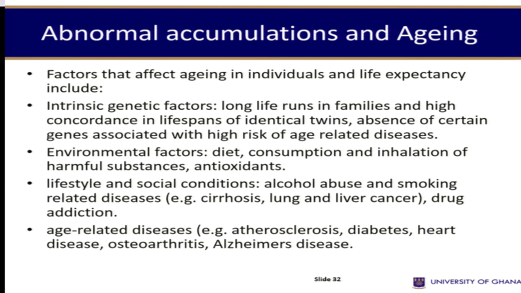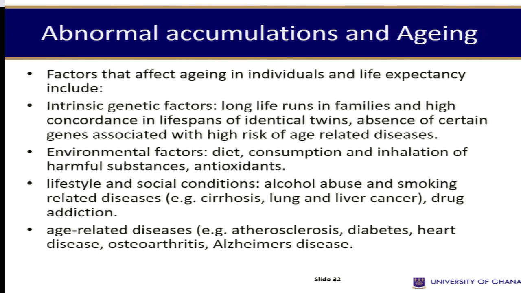There are some families where long life is the usual, and it has been found that some identical twins live to about the same age, despite not living in the same area or even communicating with each other.